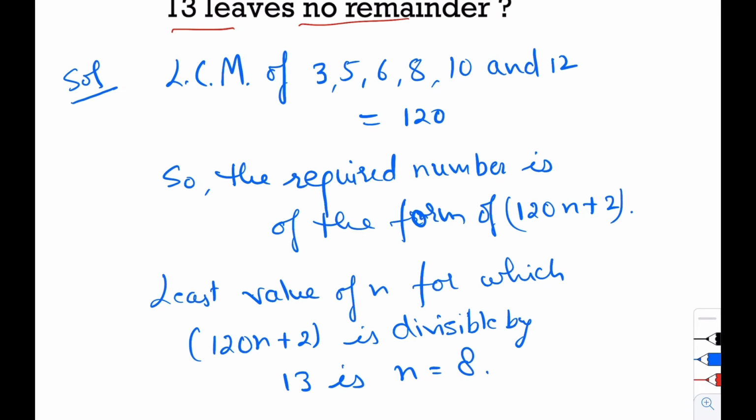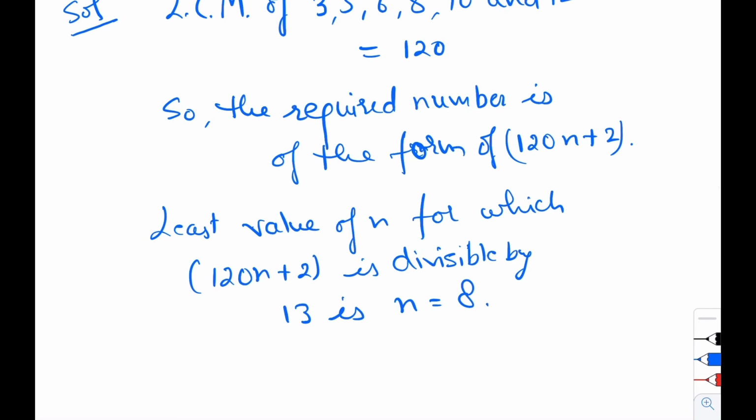When n equals 8, this number 120n plus 2 is completely divisible by 13. So the least value of n is 8.